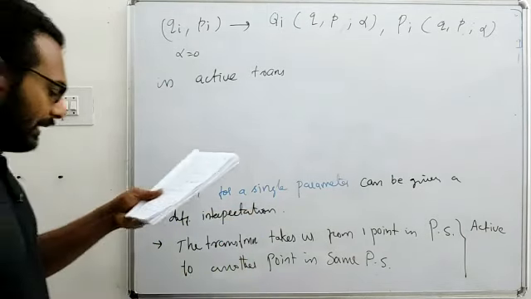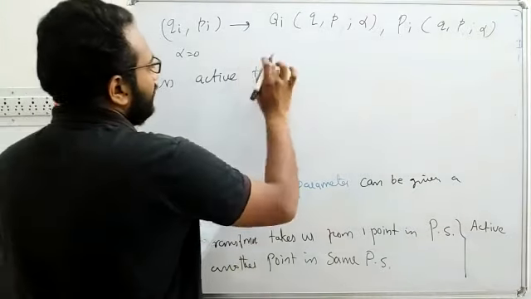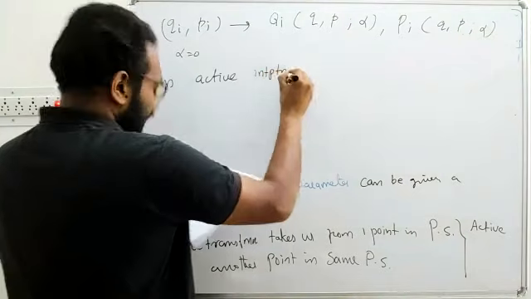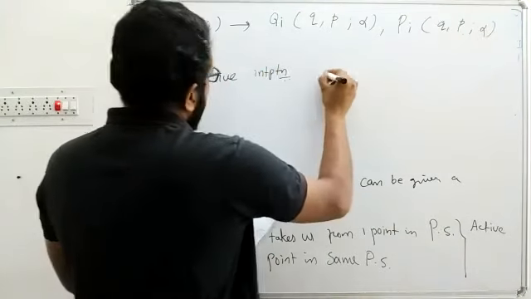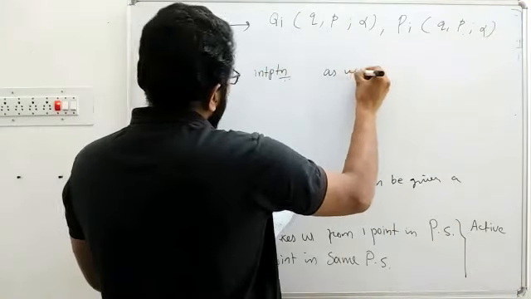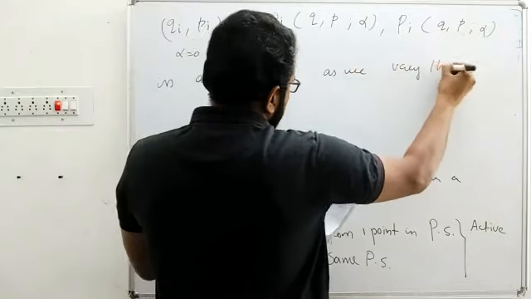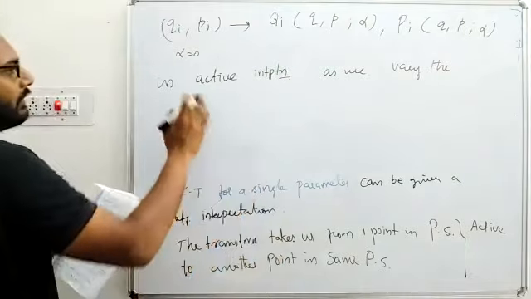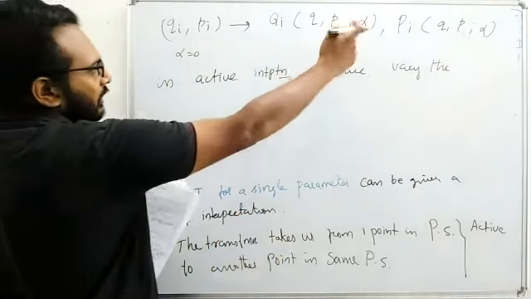All right. In active interpretation, as we vary the alpha, which stands exactly for epsilon over there, epsilon is infinitesimal. This alpha need not be infinitesimal. That's all.